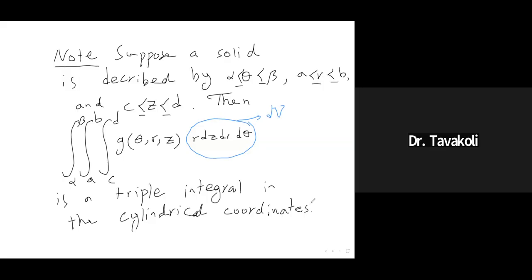One physical example for such integrals is if this function g at any point gives us the density of the solid. By calculating this triple integral, we find the total mass that object has. In the case that g is constant 1, the triple integral will give us the volume of the solid.